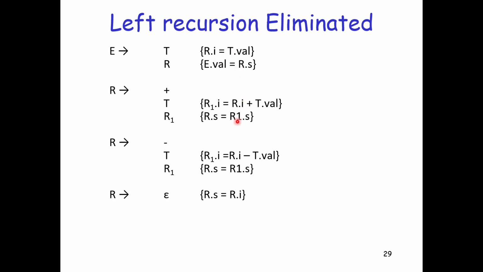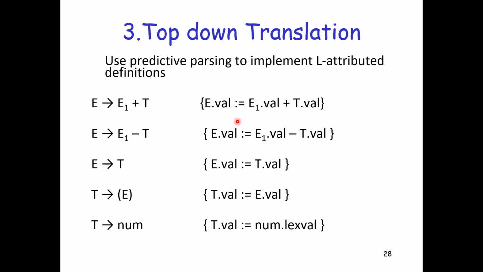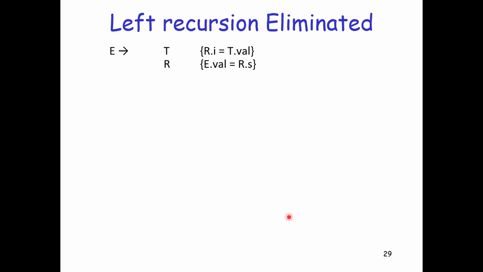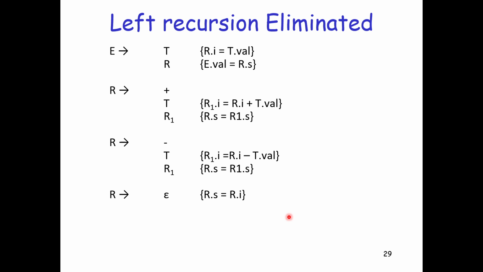While we construct a left recursion free grammar, the semantic rules or translation scheme also change. In the previous slide, these were the translation scheme. But if we make the grammar left recursion free, the corresponding translation scheme also has to be changed so that we correctly evaluate the expression even after removing the left recursion.